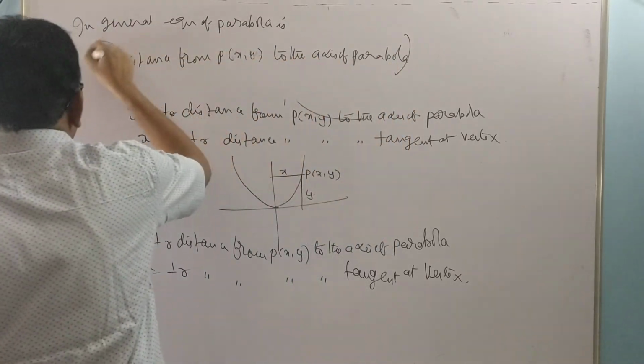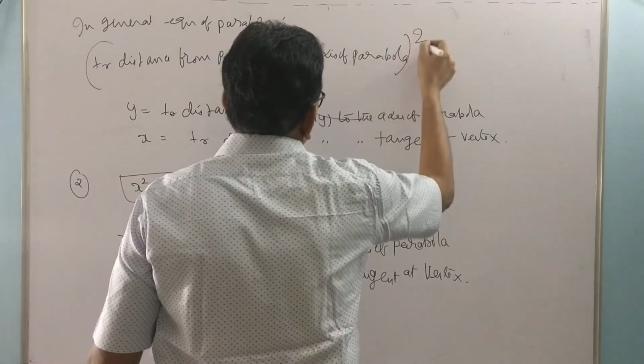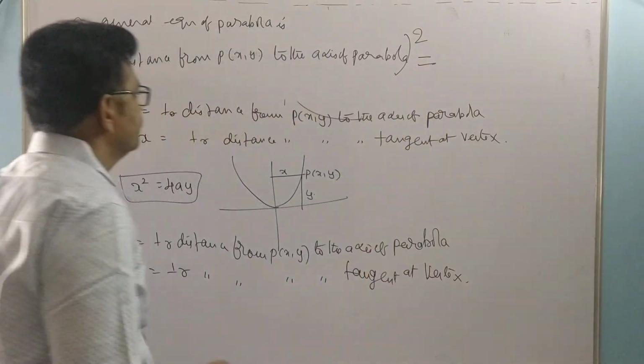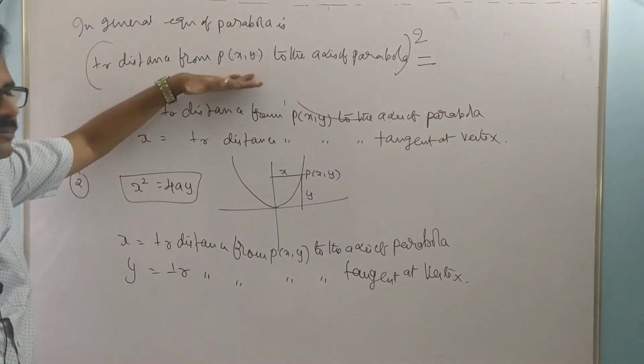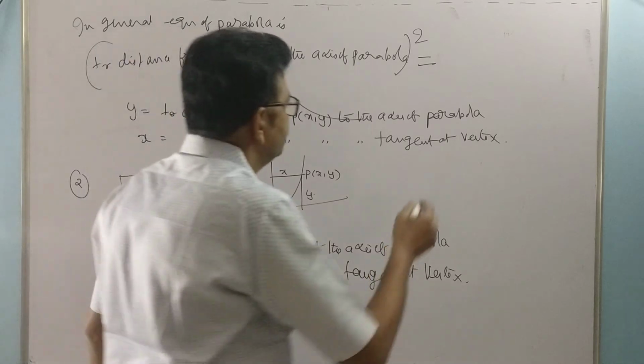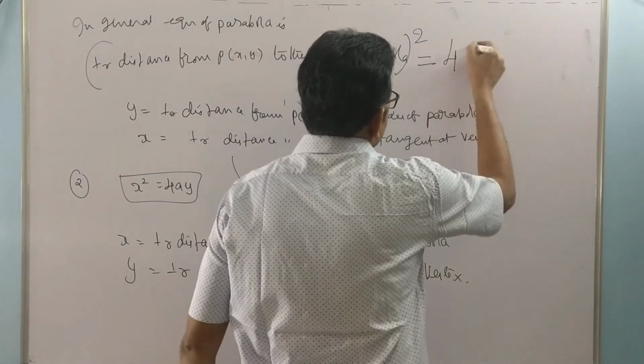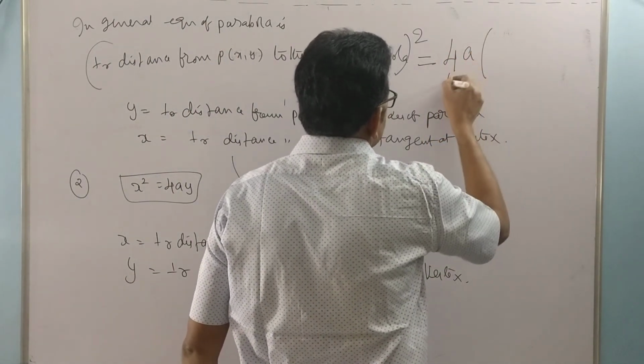whole square, that means it may be x square or y square, is equal to the length of latus rectum 4a, that means latus rectum. This is called LR.